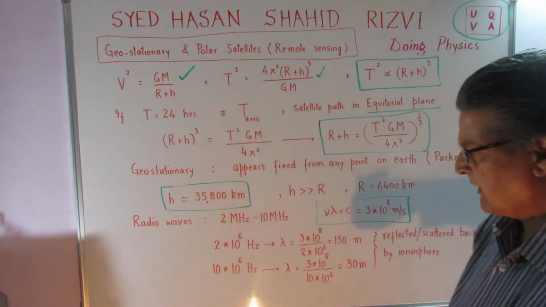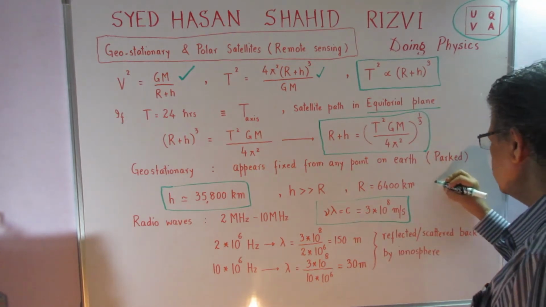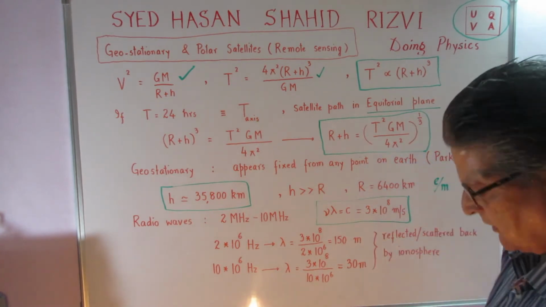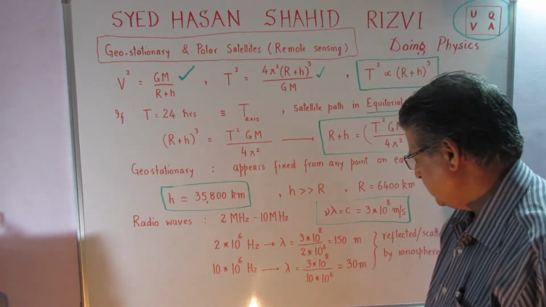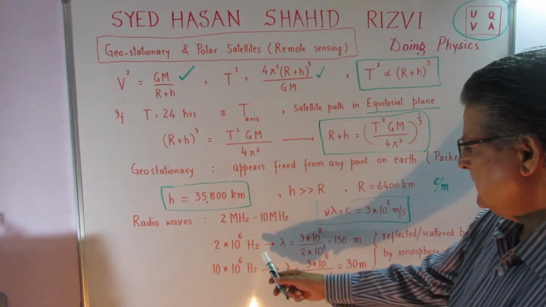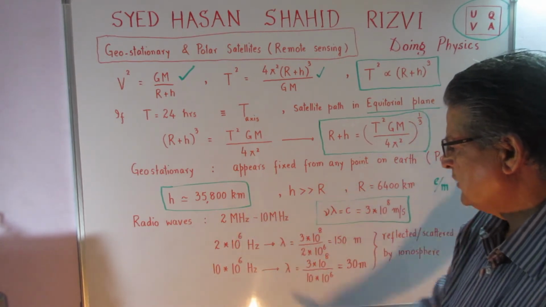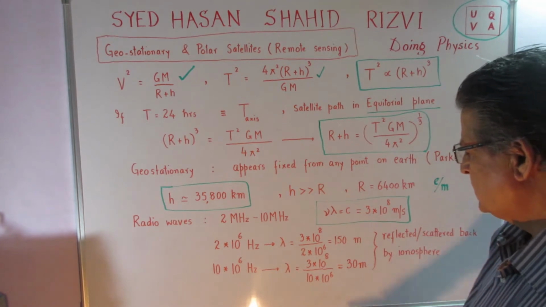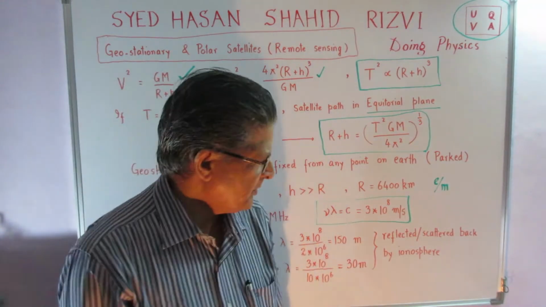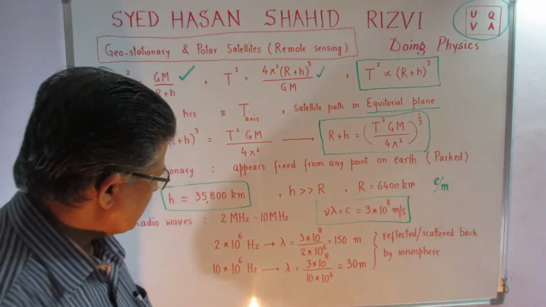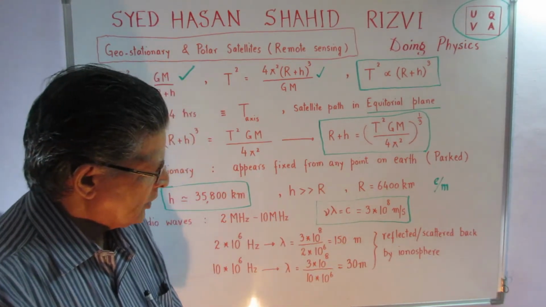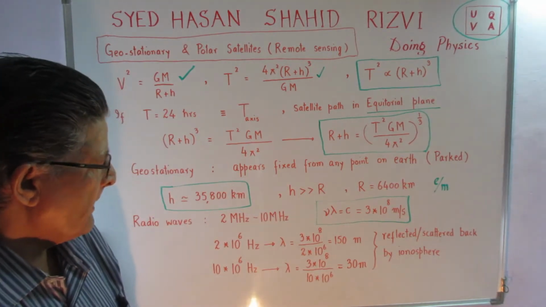Light waves are also electromagnetic, so many times EM waves. The speed is 3 into 10 to the power 8 meters per second. So by using this relation, when the frequency is 2 into 10 to the power 6 hertz, which is 2 megahertz, the wavelength is 150 meters, and corresponding to 10 megahertz it turns out to be 30 meters. These are long wavelengths.